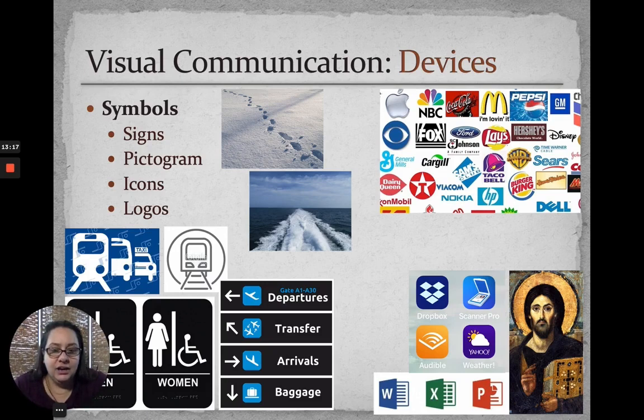So icons in the modern sense are really pictograms, honestly, because they look like what they are. They are either pictograms or more in the logo sense. Logos is the last category, and I have a whole bunch of logos up here that are pretty big brands that I'm sure look familiar. Logos are a symbol that stand in for a company.